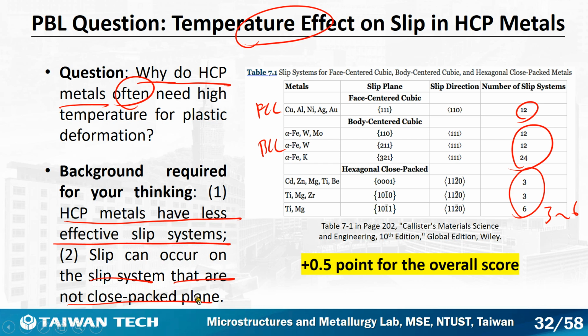This is what we learned from the previous slide, right? Now you have these two backgrounds, so please think about it. Let's wait for 5 minutes. Think about it and try to find the answer to this question based on these two hints. Okay, 5 minutes.